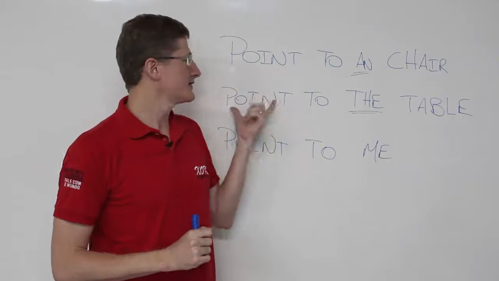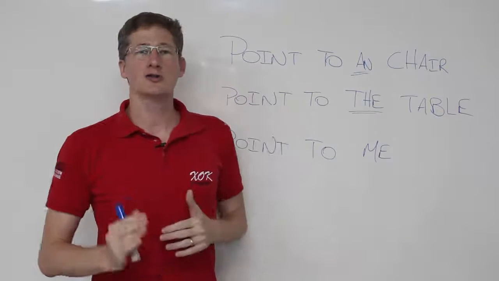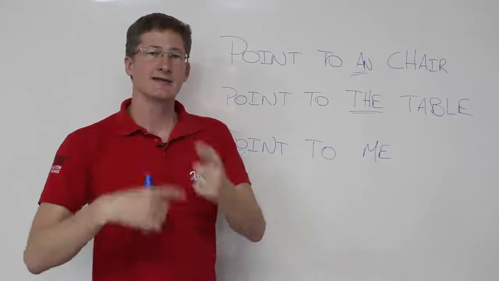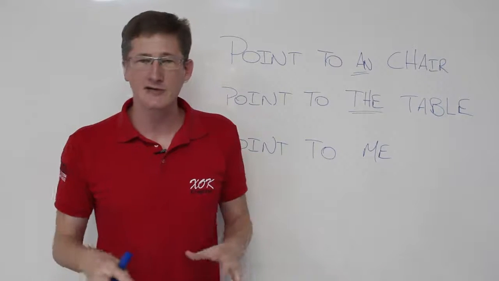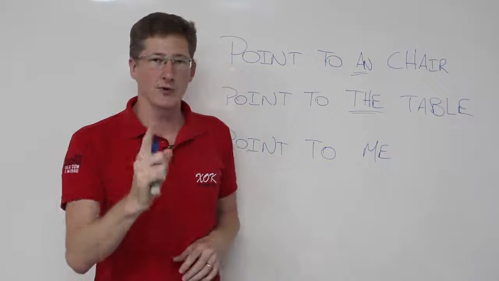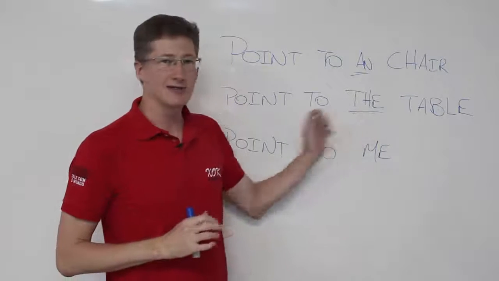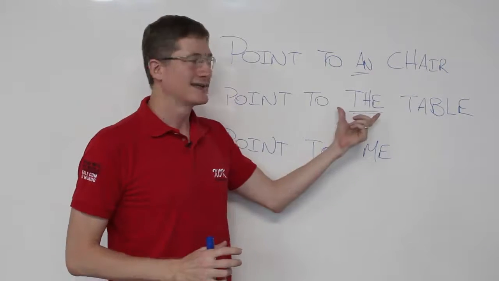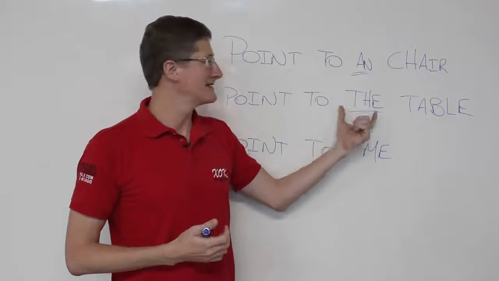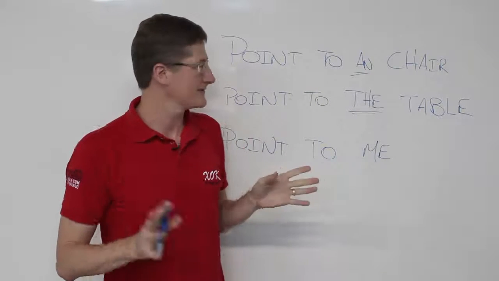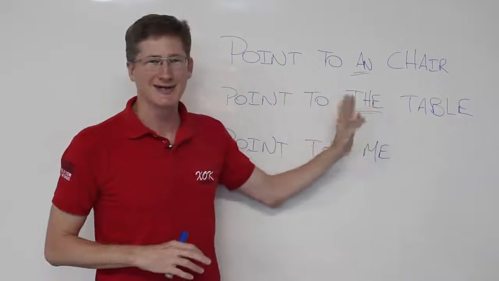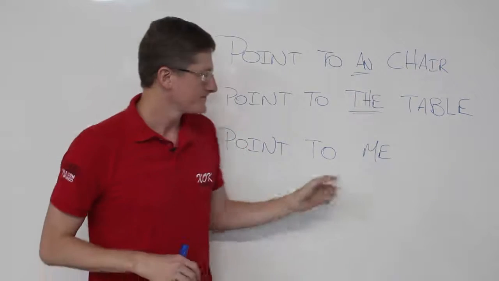Or I can use another verb here, walk. Walk to the chair that you pointed to. We have a group of chairs. You chose one by pointing to it, so now we're referring to that specific chair. It's defined, it's definite, the definite article. All right, that's it. Very simple, very straightforward, nothing complicated here.